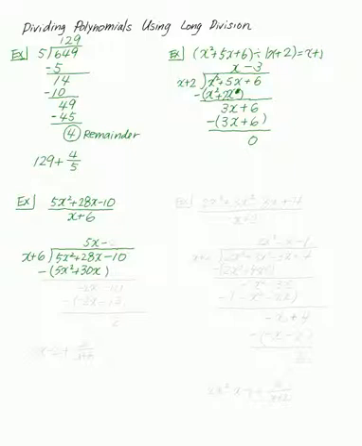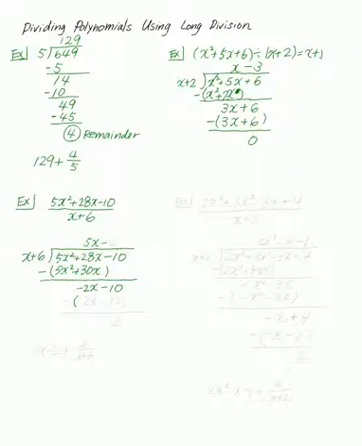Now I subtract. We have to be extra careful here. 5x squared minus 5x squared, they cancel, they're gone. However, 28x minus 30x, I have to distribute that negative, gives me a negative 2x minus 10. Again, be really careful with that minus. 28x, distribute the negative to the 30x, gives me 28x minus 30x to get the negative 2x.